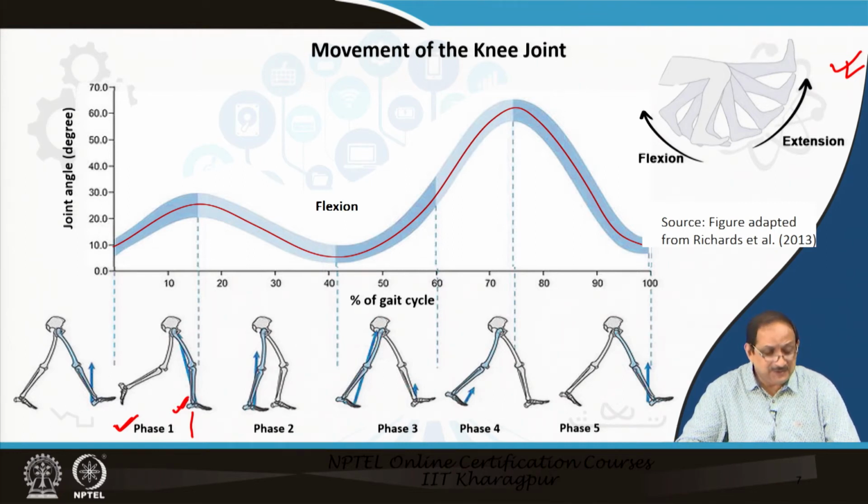Knee then begins its second flexion phase, which coincides with the heel lift off. During initial to mid swing phase, the knee continues to flex to a maximum of 65 degrees as indicated in the figure, 65 degrees to 70 degrees in phases 3 and 4.